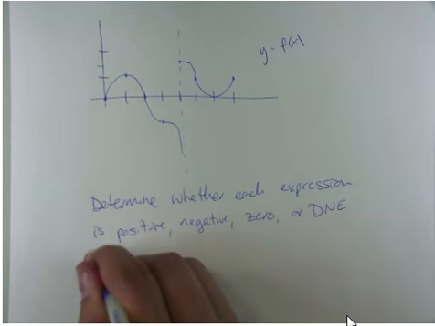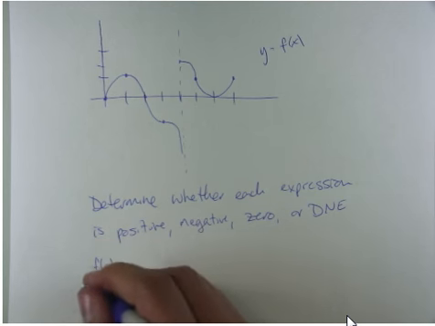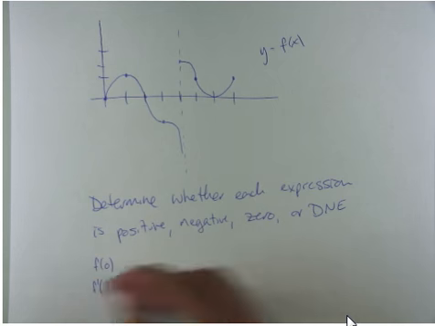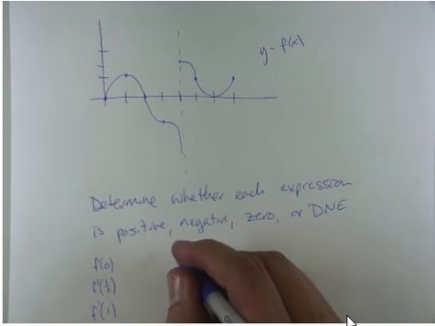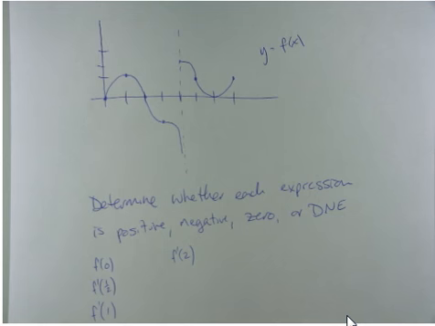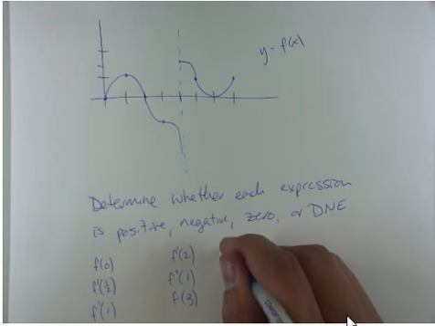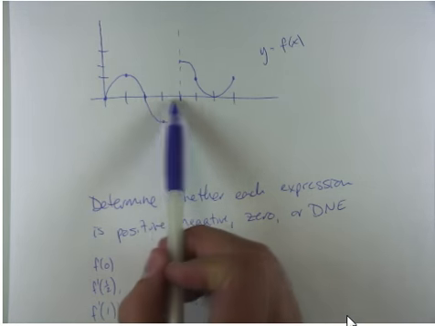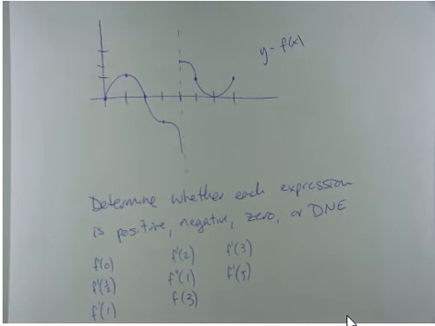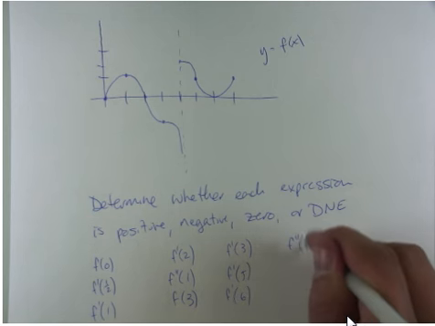And we might see things like f of 0, f prime of a half, f prime of 1, f prime of 2, f double prime of 1, f of 3, f prime of 3, f prime of 5, f prime of 6, f double prime of 6.